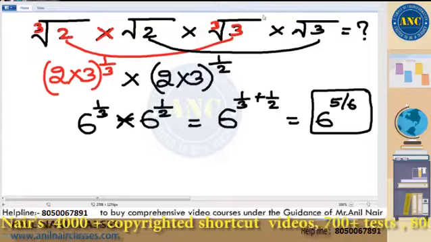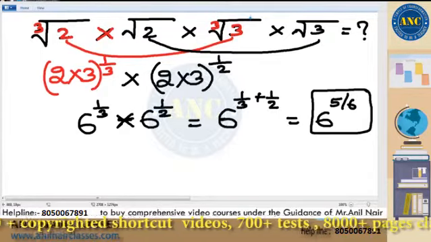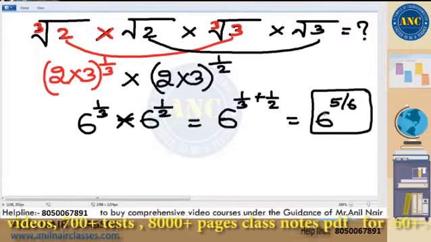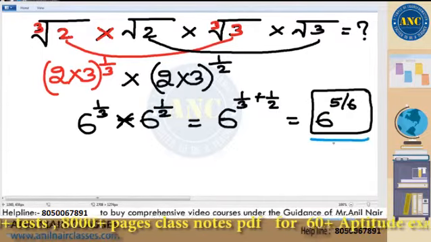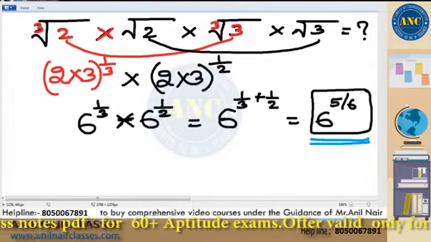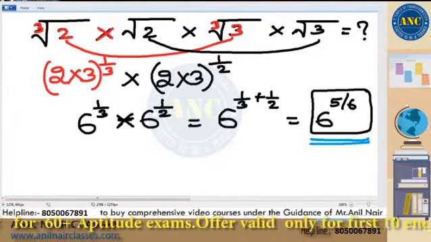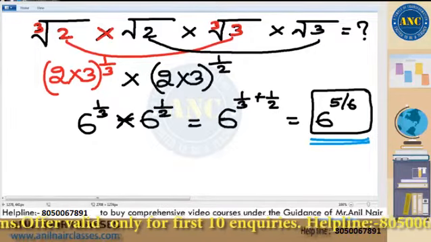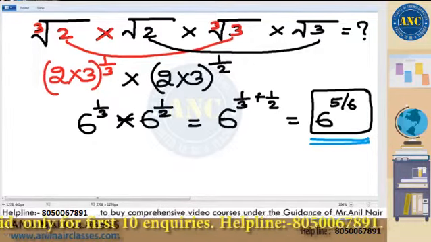Do not assume that in all the questions we have solved earlier, the answer was coming as a whole number or a rational number or a natural number, whatever it is. In this case, you are not getting a natural number. There is no rule that you should always get a natural number.